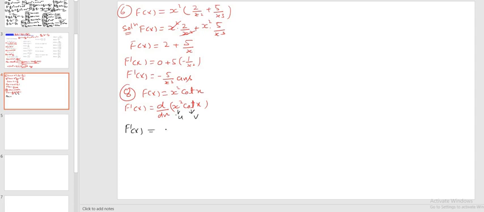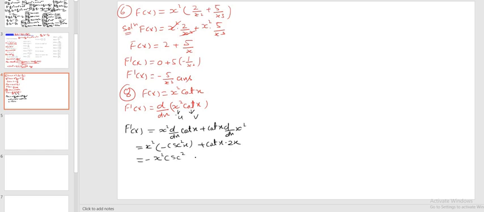So f dash x is u into d/dx of cotangent x plus cotangent x into d/dx of x square. d/dx of cotangent is minus csc square of x, and d/dx of x square is 2x. So when you simplify, it comes x square into minus csc square of x plus 2x into cotangent of x. This is the answer of question number 8.